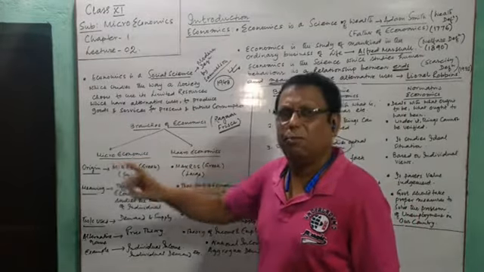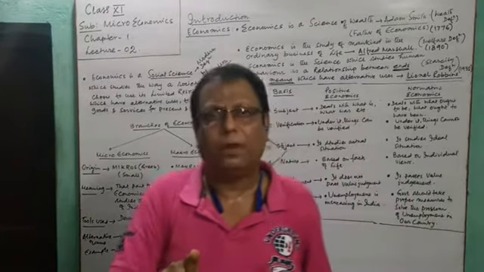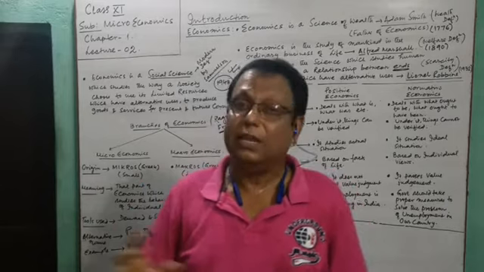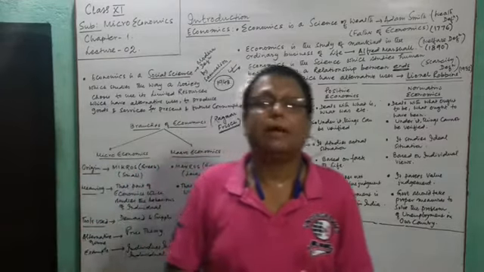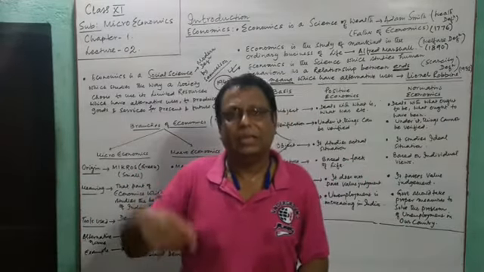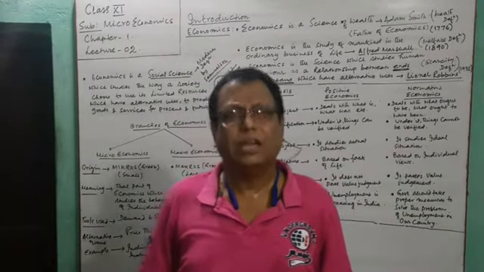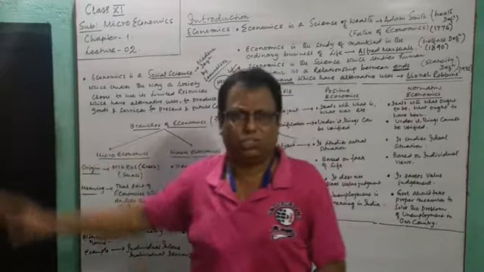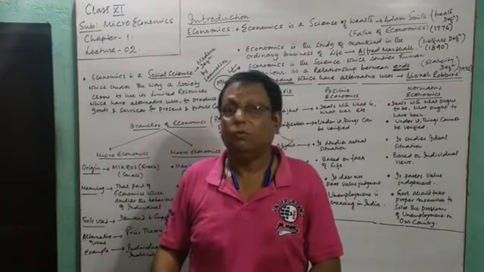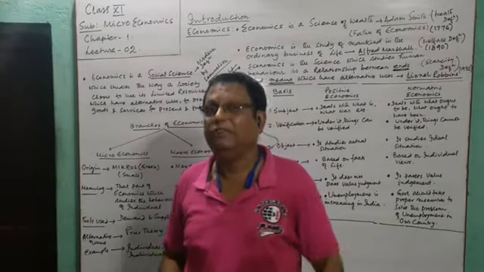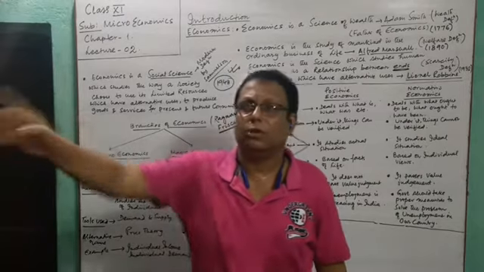So microeconomics deals with individual problems, and macro, as the name suggests, means big. Macro deals with aggregated problems. If I say the national income of our country is such and such, then we are not talking about an individual income of mine or yours or his.